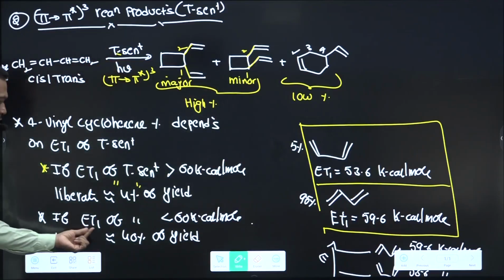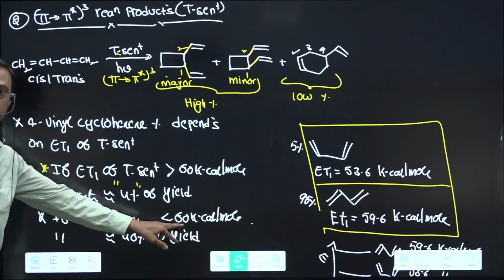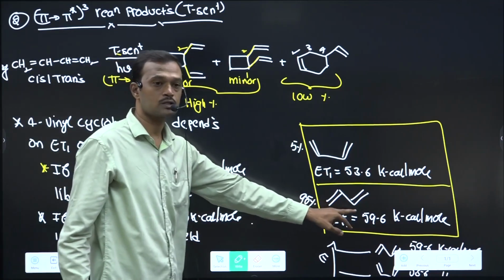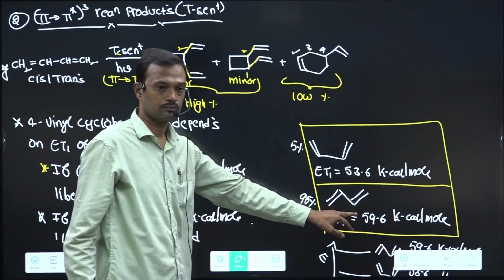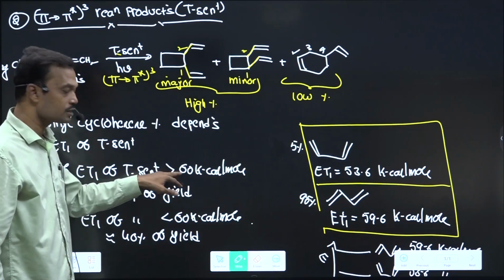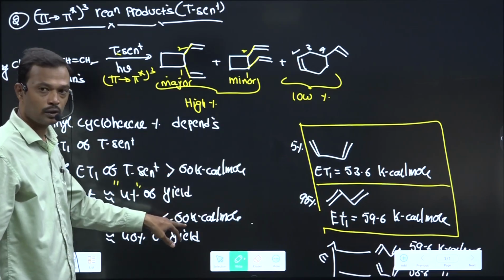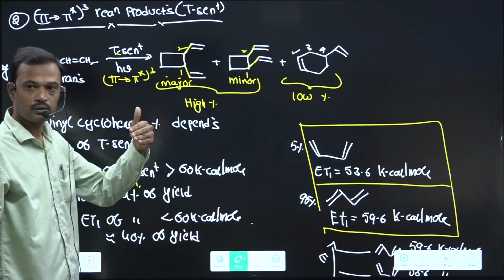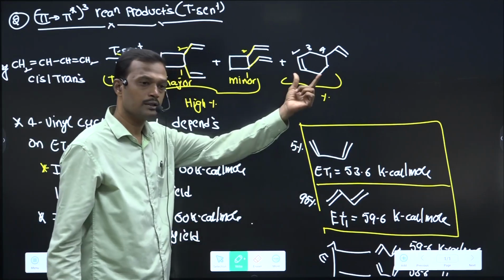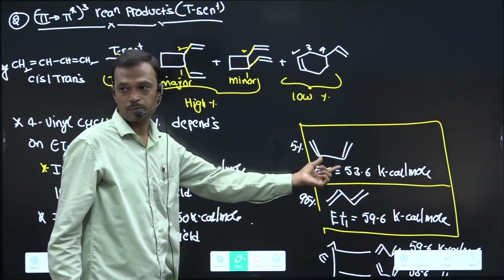So when the ET1 value of the triplet sensitizer is more than 60 kilocalorie, the energy transfers to activate the trans isomer. And if the triplet sensitizer energy is less than 60 kilocalorie per mole, the energy is very close to which isomer? Cis. Now that energy is taken by the cis isomer, cis gets excited, and that will be the real participator.